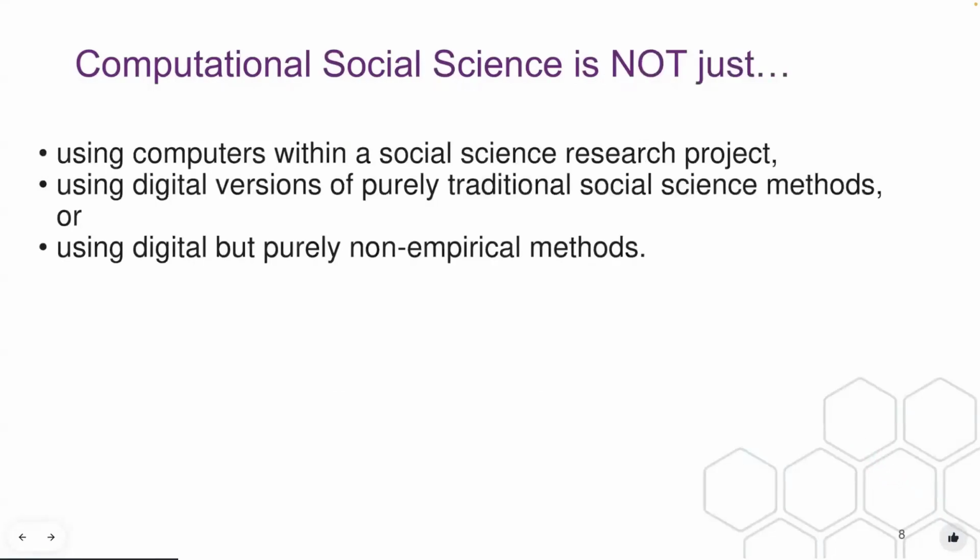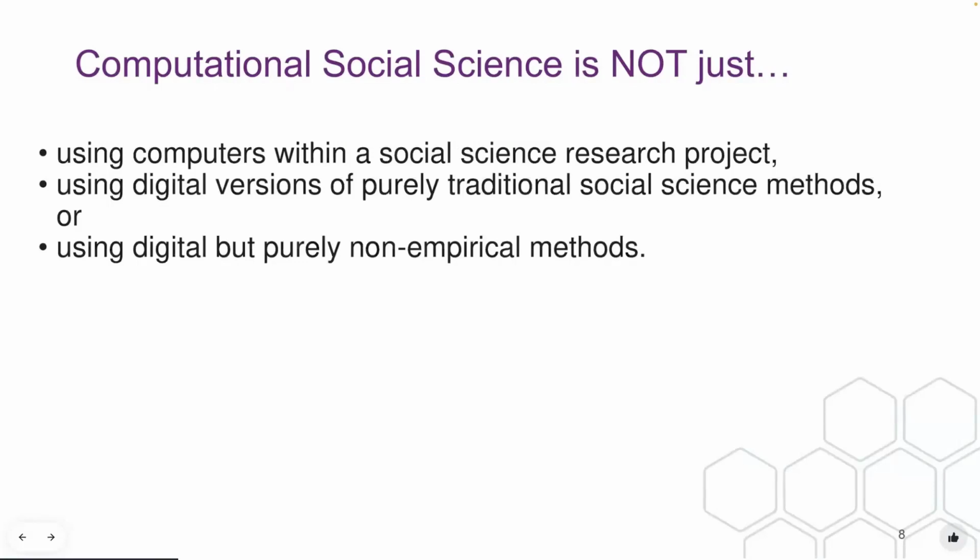Another way to understand computational social science is to think about what its main components are. And we can do that through thinking about what computational social science is not. It's not just using computers within a social science research project. I'm sure all of us have sent an email at our jobs or done some research, but that doesn't necessarily mean that we've been doing computational social science.